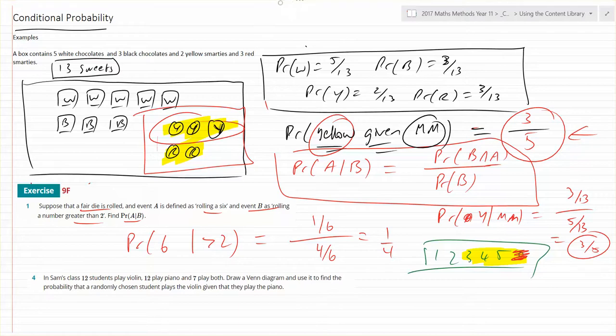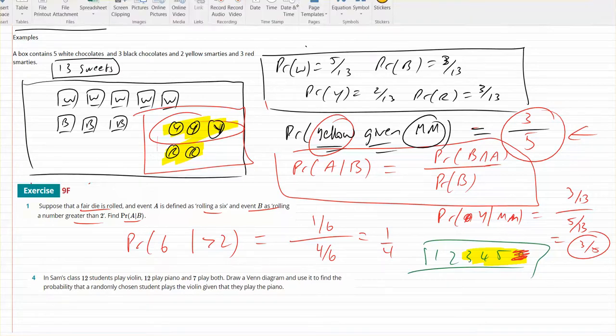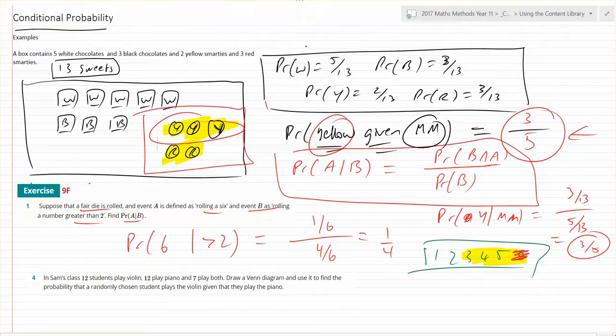So out of the four samples, we know one of them is 6, so 1 out of 4, which is the same answer. So the idea for conditional probability is that given new information, it changes the overall sample space. It reduces the sample size.